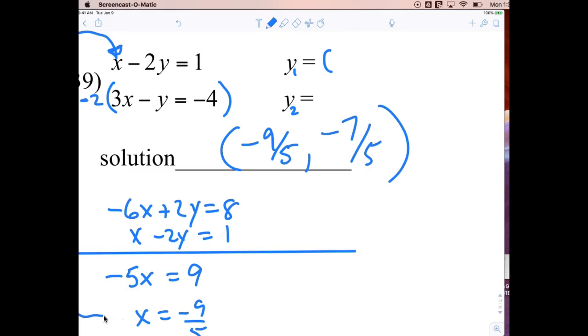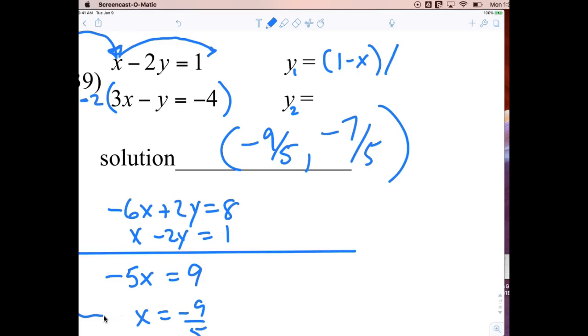I'm moving the x over, so it becomes 1 minus x.